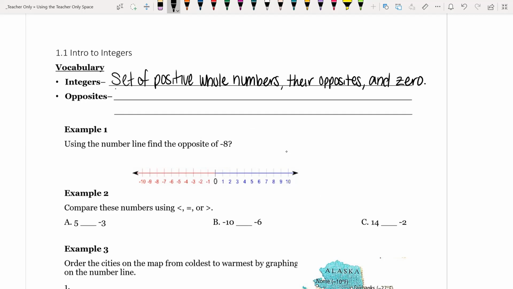So opposites are two numbers that are the same distance from zero on a number line.